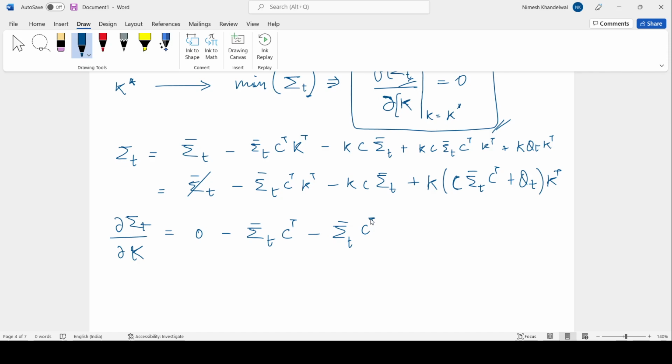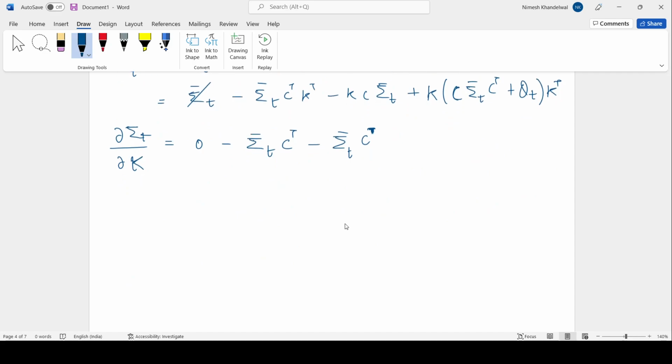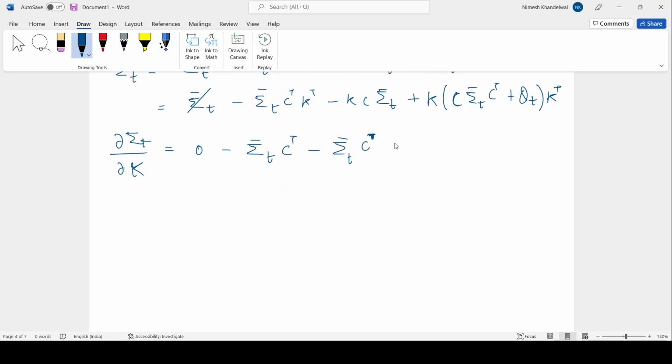But you know the variance here is a symmetric matrix, so sigma bar t transpose is equal to sigma bar, and I've already replaced the transpose. What about this?